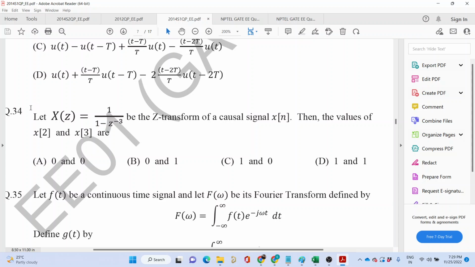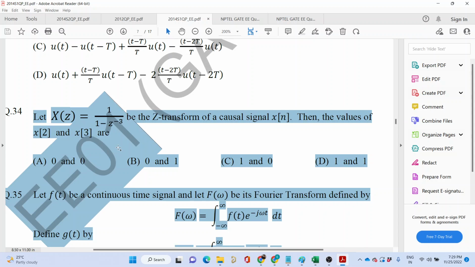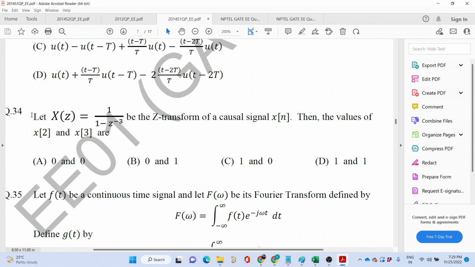You can see question number 34. X(z) equals 1 divided by 1 minus z to the power minus 3. This is the question. Can you see the question? Yes, sir. Okay, so these are the options and this is the question that has been given to you. I will give you another 3 minutes to solve it, and after 3 minutes I will be asking you.